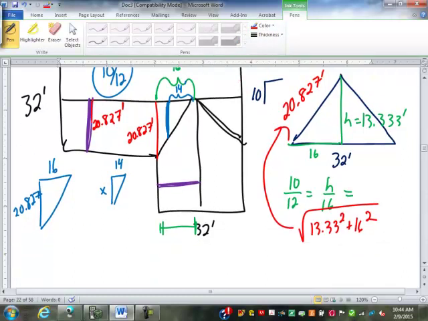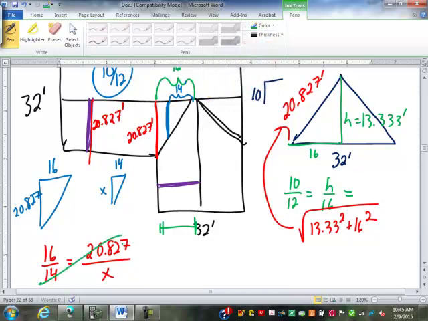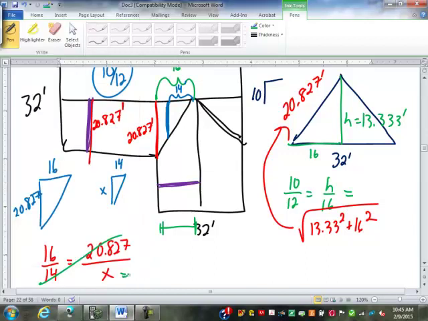Well, this longest common rafter is the common rafter, so there's nothing really to do there. So you've got the 16 goes to 14 as 20.827 goes to X. So 14 times 20.827 divided by 16 is 18.224.